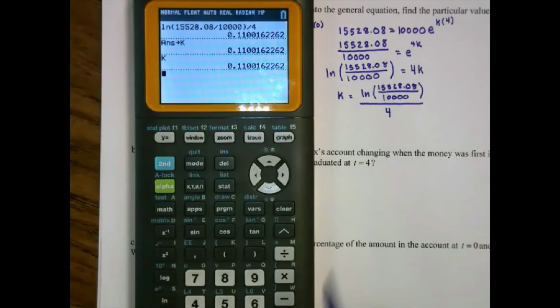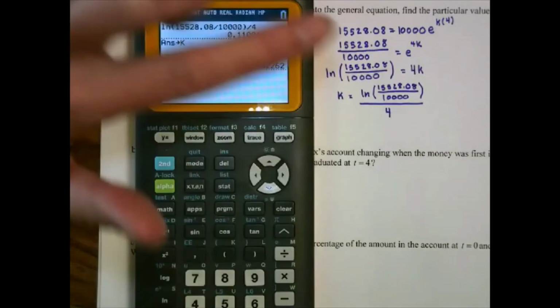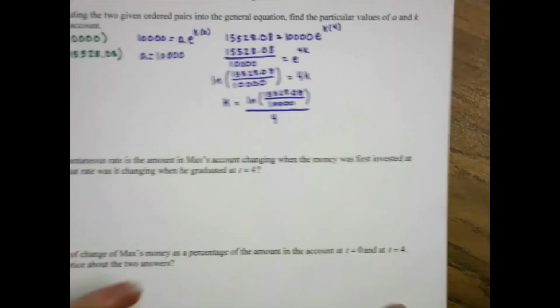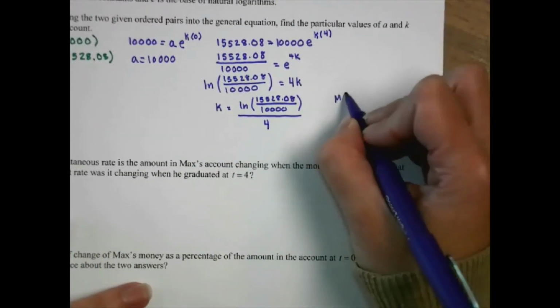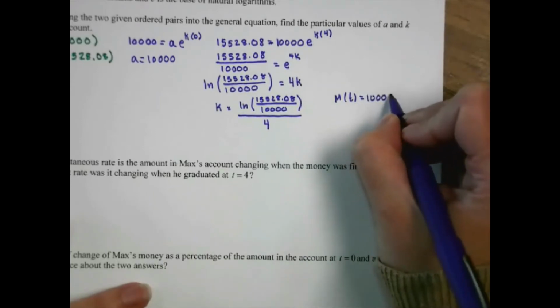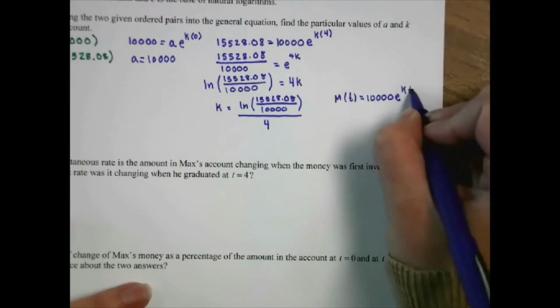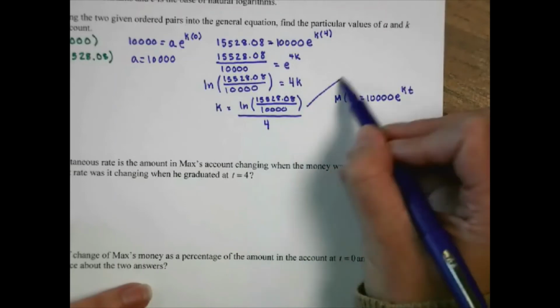So in my equations, I'm just going to use k. I'm not going to write this whole thing out, and I'm not going to use 0.110 because that's not accurate enough. So our general equation here is going to be that I'm going to use is m of t is equal to 10,000 e to the k that we stored times t, where k is this whole thing. That's k.